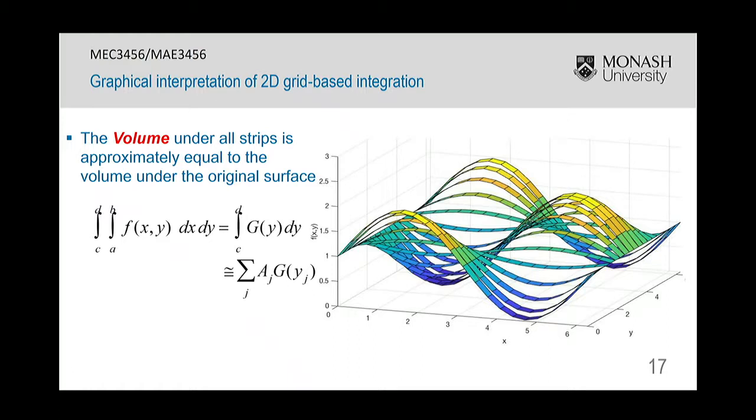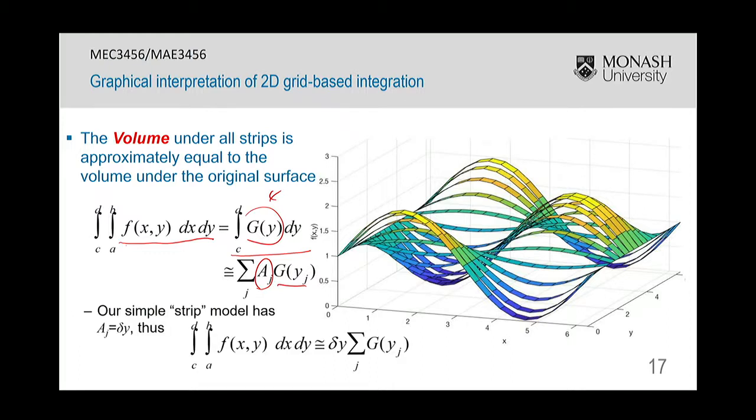What we're basically saying is that the integral of our function over x and y can be written as an integral with respect to y of these functions, which in themselves are integrals with respect to x. We can do that in the generic way by saying we have some set of coefficients multiplied by these integrals, g of yj, which is just the integral with respect to x.